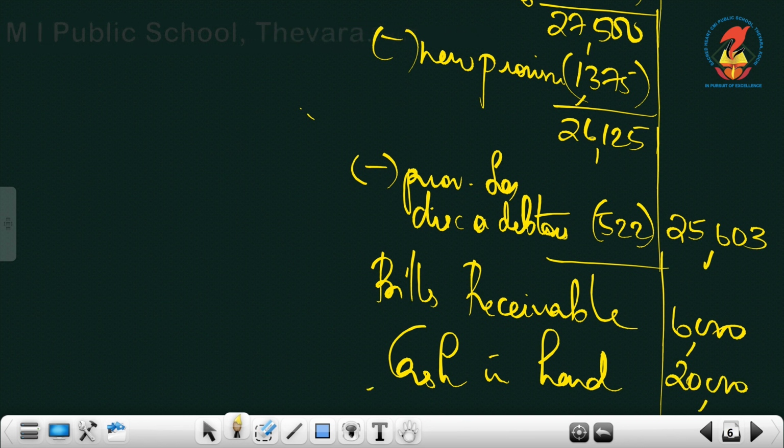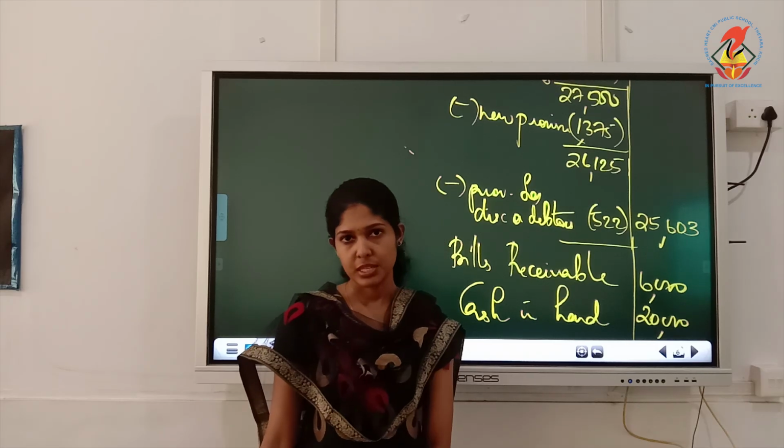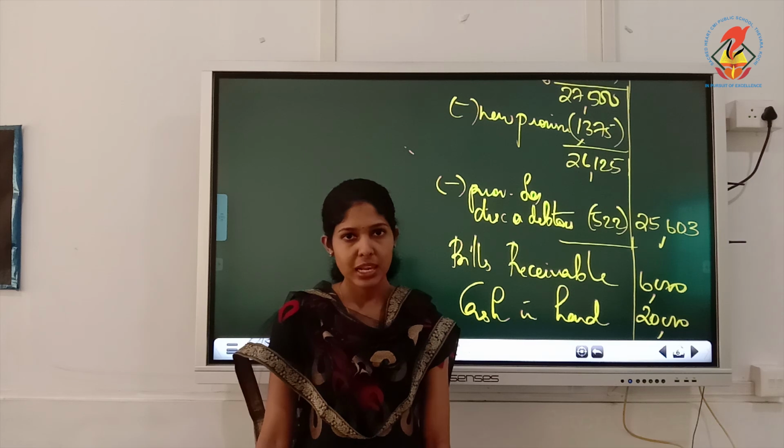Go through the adjustments once again. See whether you recorded all items. Closing stock, yes. Further bad debts, provision, commission in advance, it must come on the liability side. Depreciation, yes. Salary outstanding must come on the liability side. So with this, the balance sheet is over.